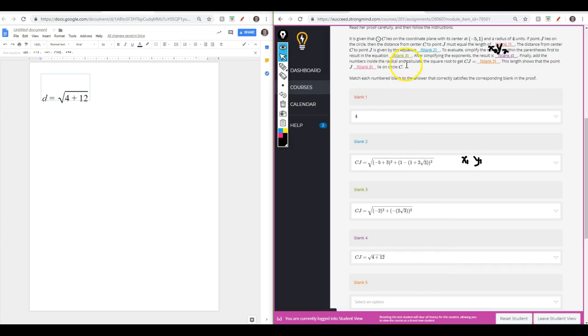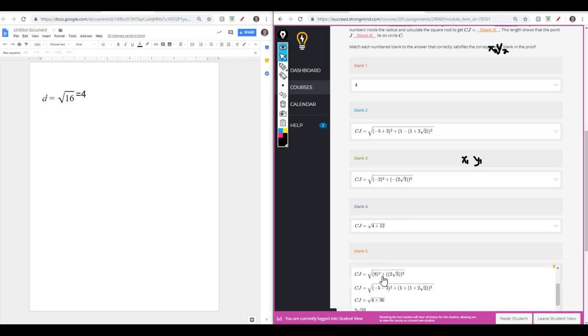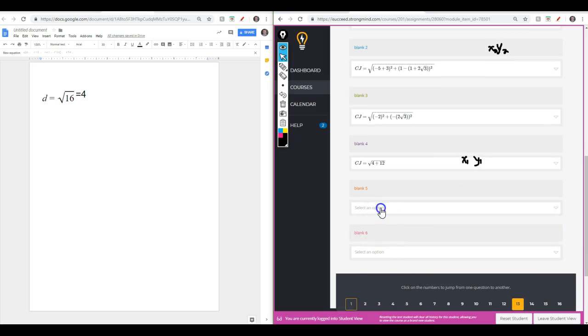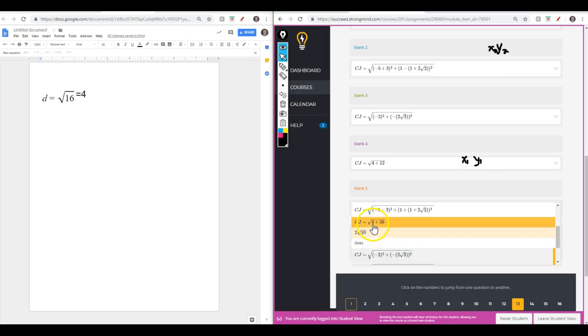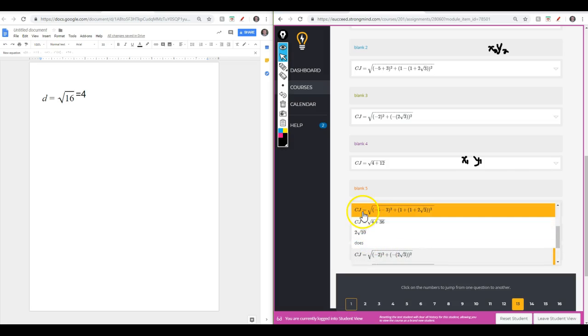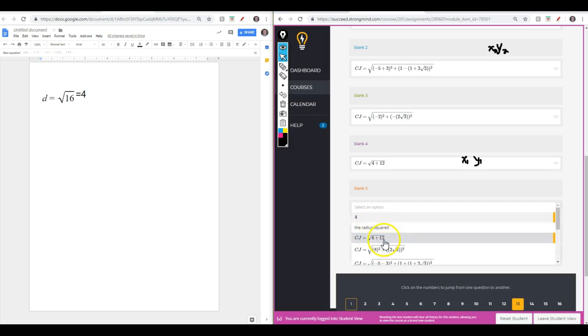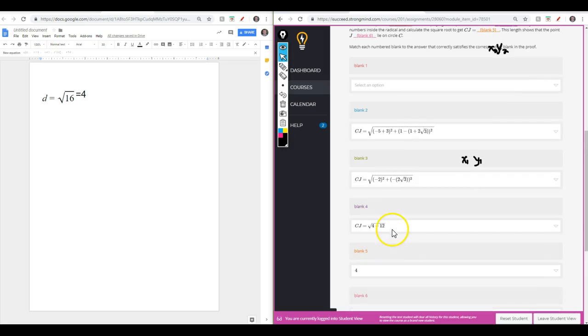Finally, add the numbers inside the radical and calculate the square root. Okay, so 4 plus 12 is 16. The square root of 16 is 4. So that equals 4. I'm looking for CJ is equal to 4, but I do not see it again.